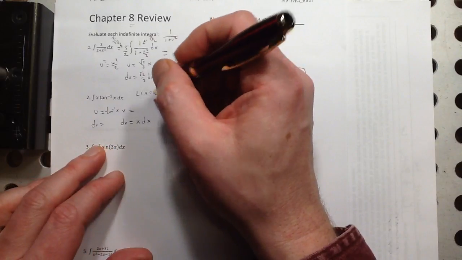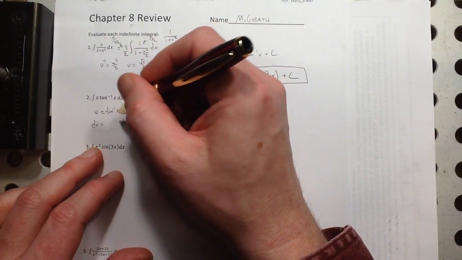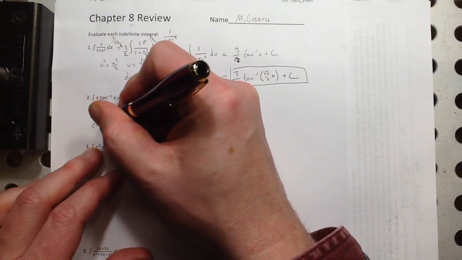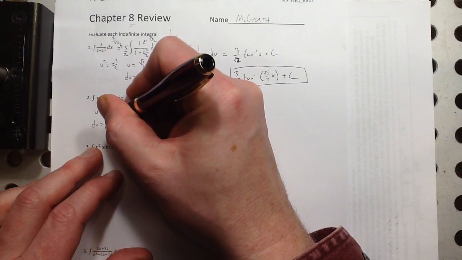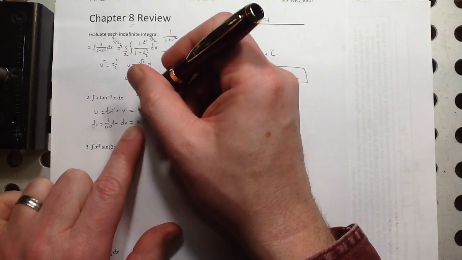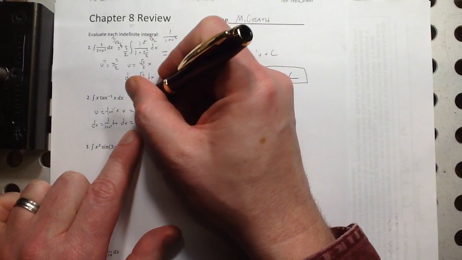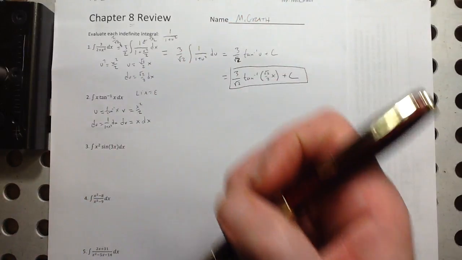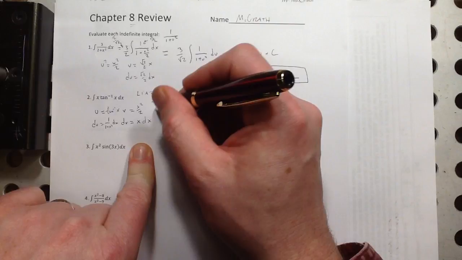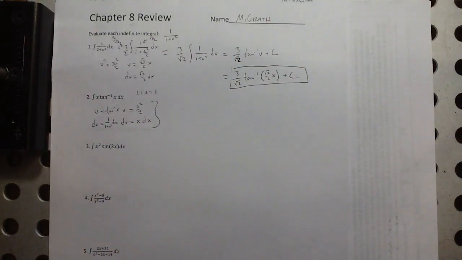Okay, so let's see, du, the derivative of this, well, we're all warmed up for that. That's 1 over 1 plus x squared dx. And the v, the antiderivative of that is x squared over 2. That's fine and good as long as you remember the recipe for integration by parts.